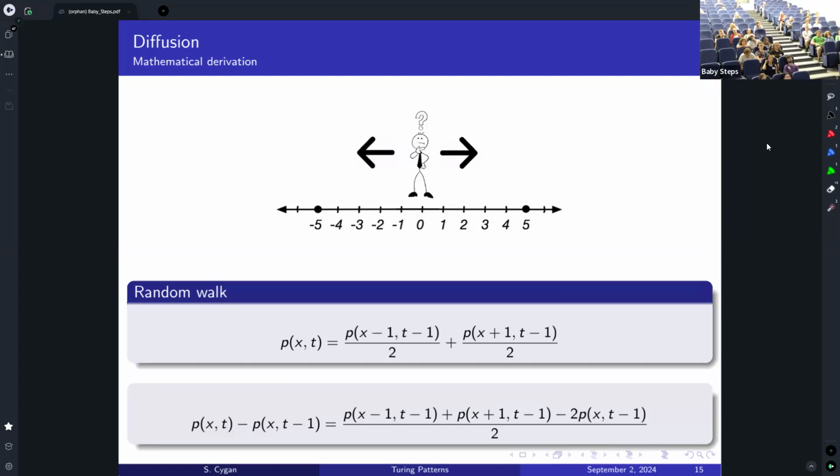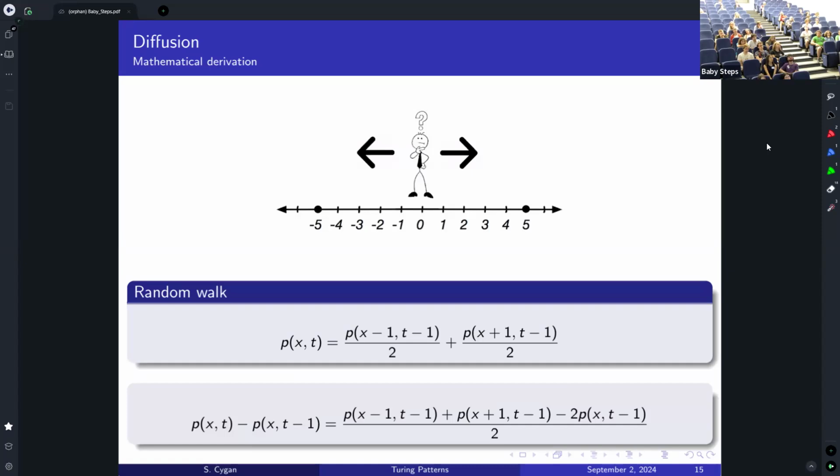Basically, there are two most common outcomes, which are called boundary conditions. It states either that if the guy hits the level of -5, he falls into a hole. So we assume that there is a hole here, that if he comes to the point -5, he cannot leave it. He will stay here forever.